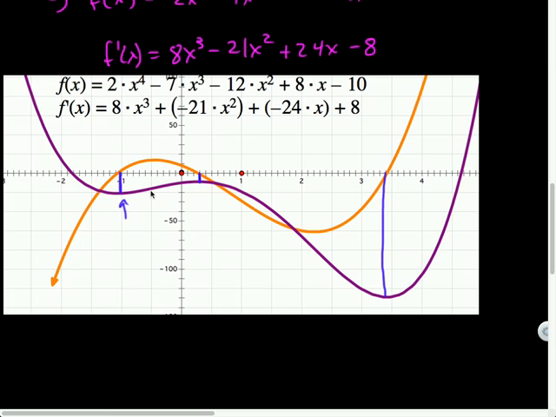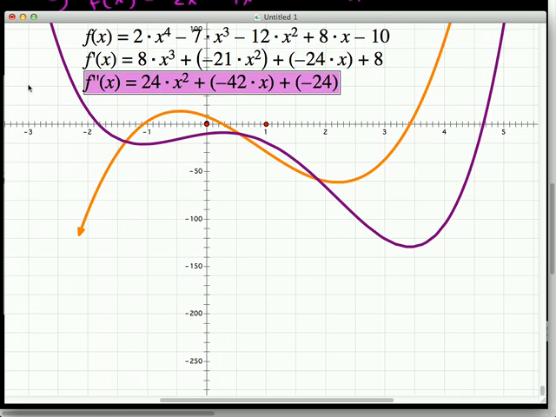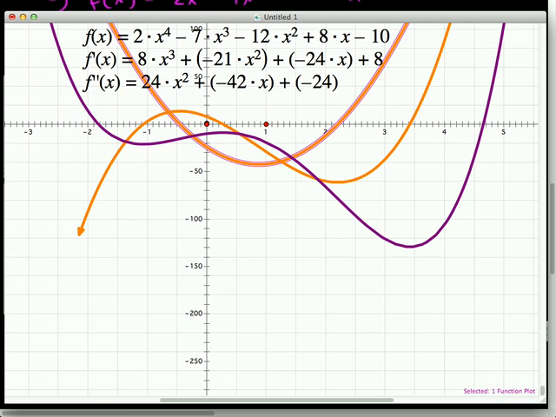Actually, let me simplify things perhaps even more. They won't let me do the derivative of that. Oh wait, here it is. Second derivative, right? Now let's graph the second derivative. All right, so it's one degree less. Color, I'll make it dark green or something.